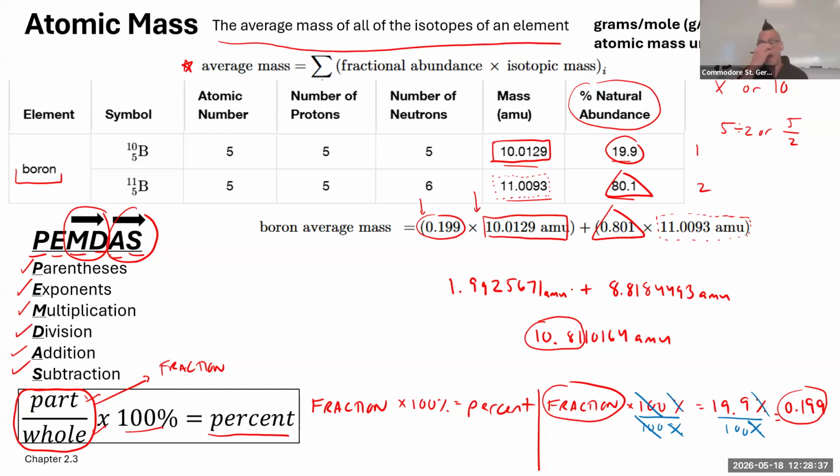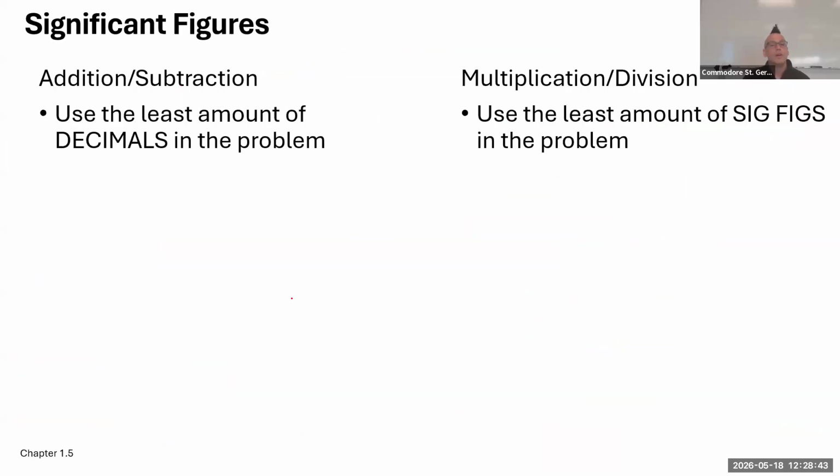So now we're going to do math with significant figures. All right. So significant figures, when we're doing these operations, when we're doing addition or subtraction, we're going to use the least amount of decimals in the problem.